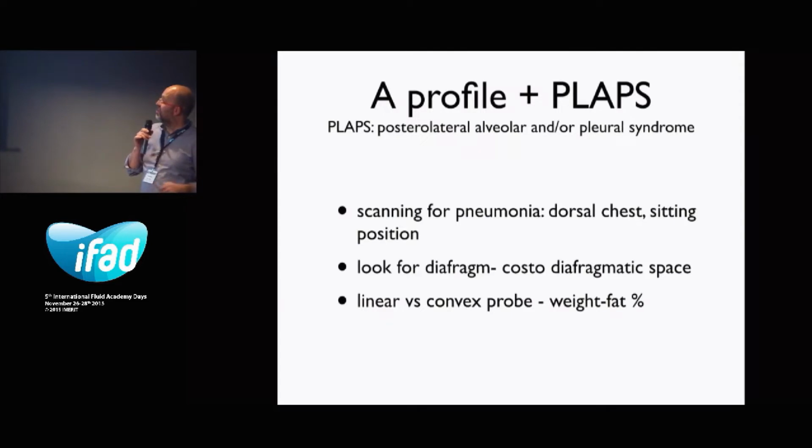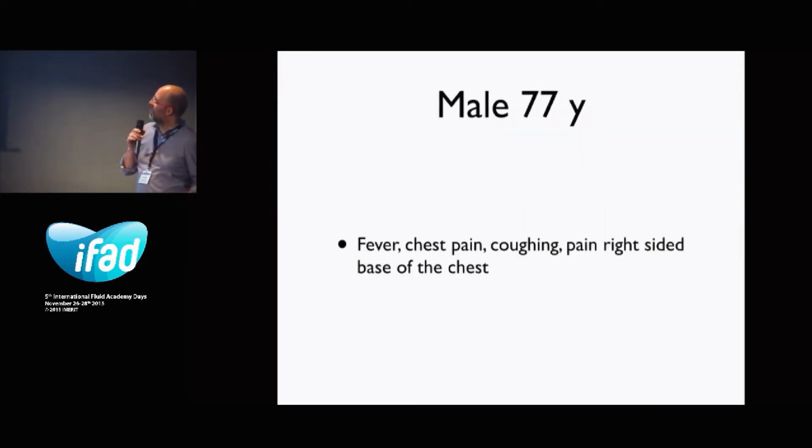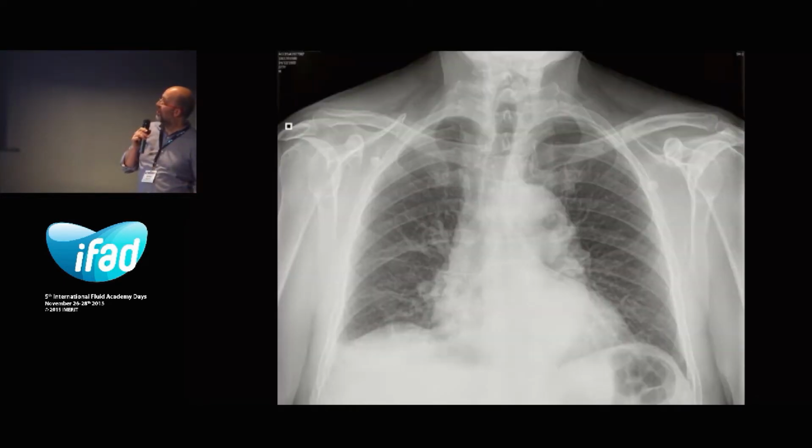In a sitting position, you look for the diaphragm, the diaphragmatic space, and you can use both probes, depending on how fat your patient is. An example of fever and chest pain in an old man with coughing and pain on the right side at the base of the chest. This is a difficult chest x-ray. You can't really tell this is a pneumonia.